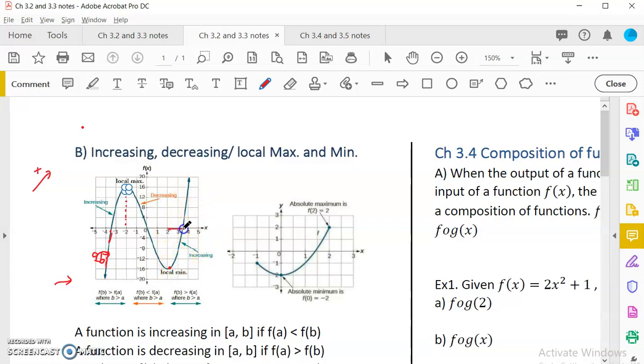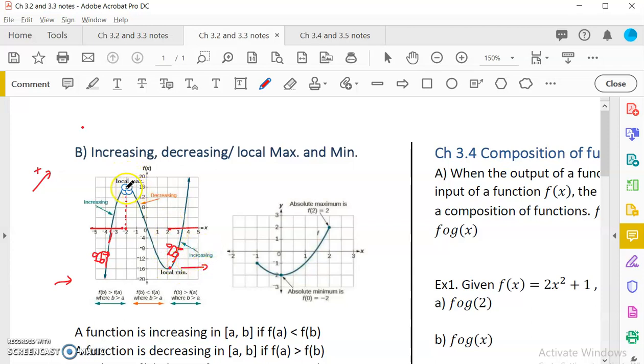We describe this using the x interval: from -infinity to -2, and from 2 to infinity, this is increasing. Just imagine there's a car driving along this road, going uphill, also from left to right.